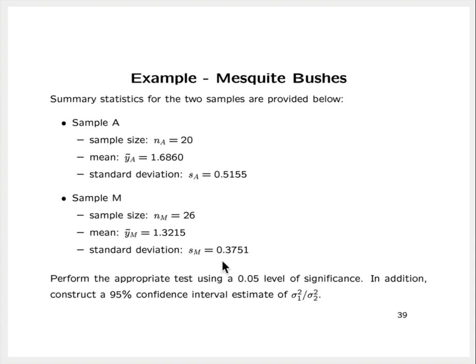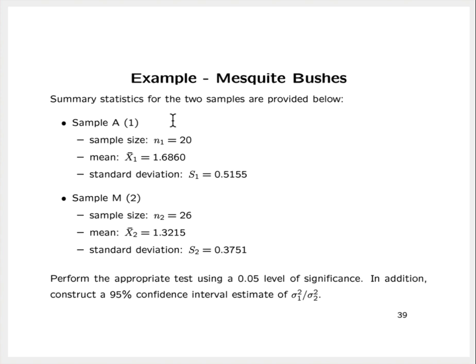Then we'll do the same down here. These will be for sample 2. I've modified the notation a bit to keep it consistent with the way that we've been denoting these things in the notes. Again, what I'm calling sample A, I'll also refer to as sample 1, and the sample from area M in the ranch, I'll refer to as sample 2.